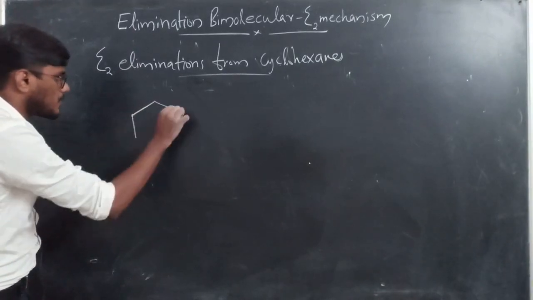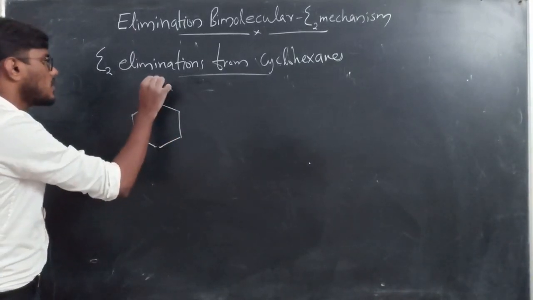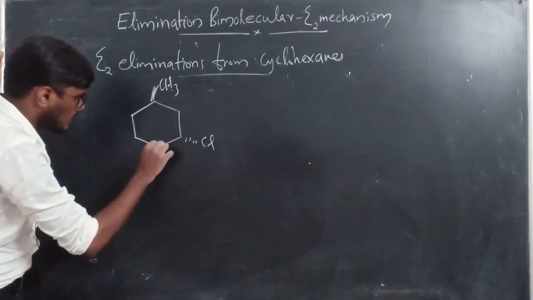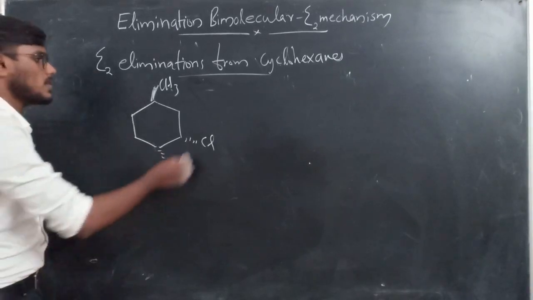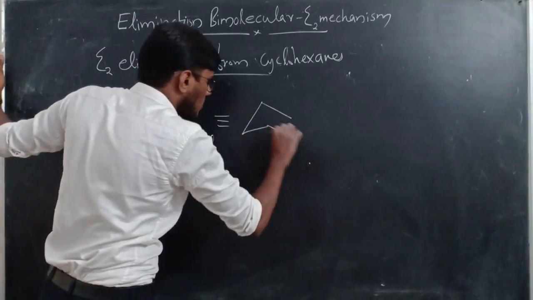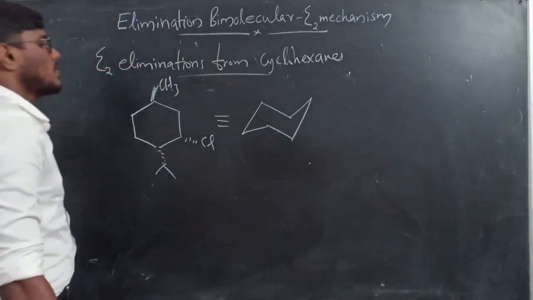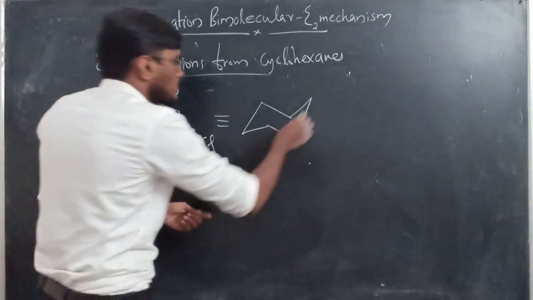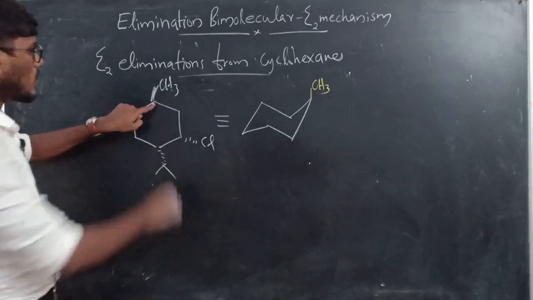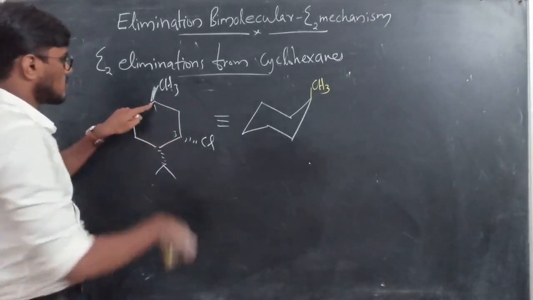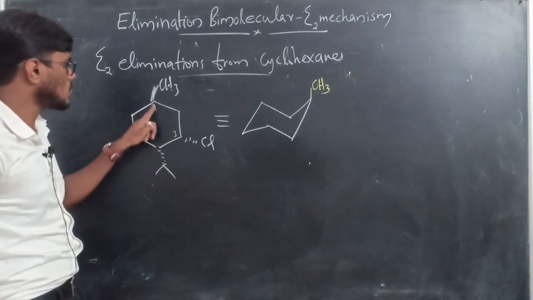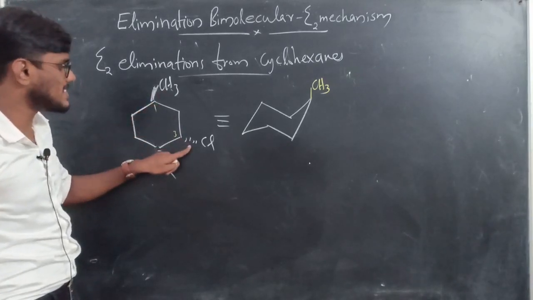First, neomenthyl chloride. This is the neomenthyl chloride, CH3, Cl and isopropyl group. When we convert this into the cyclohexane chair form, we put CH3 here. This is CH3, and 1, 2, 3, the 1, 3 positions are trans to each other. So this CH3 and this Cl are trans to each other.